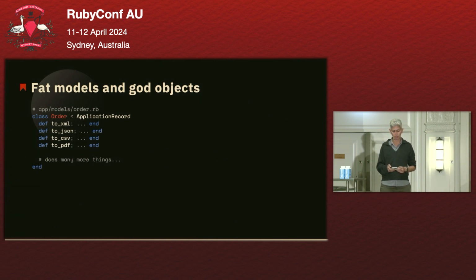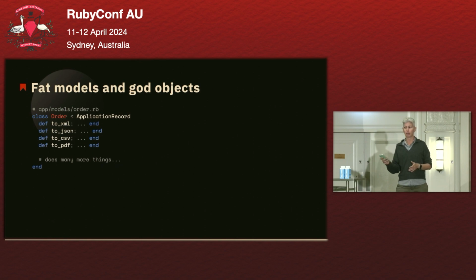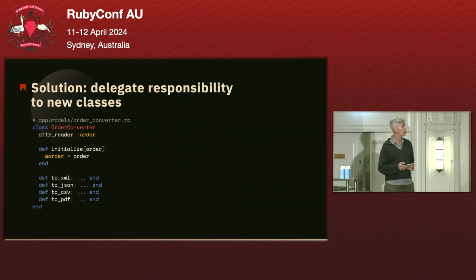In our example here, we have an order class, and I included some methods on it, which really we don't care about the implementations of. But those methods, I don't think belong on the order class, because what they do here is convert the order to whatever other formats we want to work with. So a much better way to do it is to possibly create an order converter class.